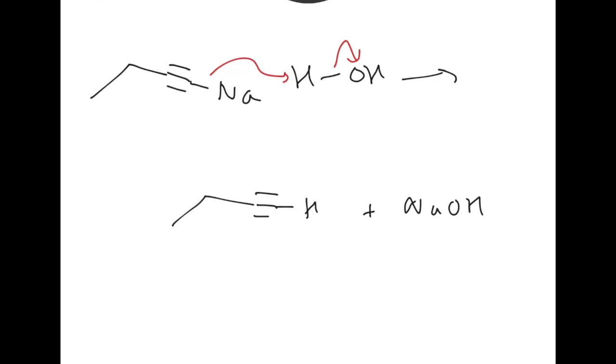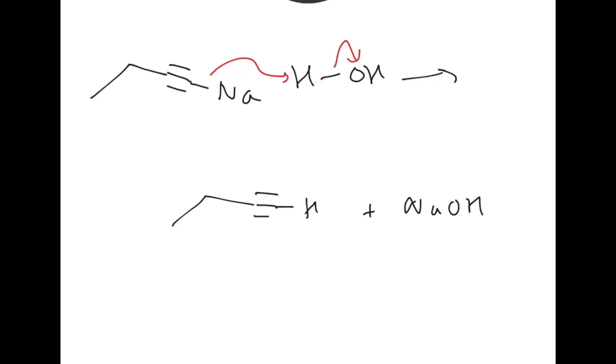But because alkynes are more acidic than alkenes, right? We went over pKa's, right? The pKa of an alkene is somewhere around 40. The pKa of an alkyne is somewhere around 30, which means it's like 10 to the 10 times more acidic, like a big number, because logarithmic and whatnot, right?